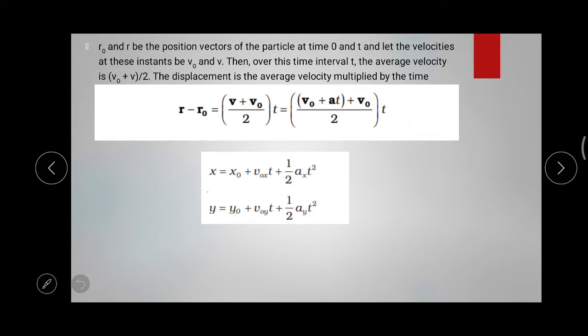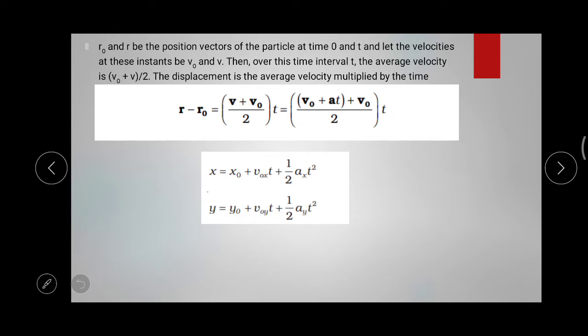The second equation we know is delta x equal to v0 t plus half a t square, or x is equal to x0 plus v0 t plus half a t square. But you have to write it in terms of the x component and y component. In the x component, the displacement happens in the x direction.